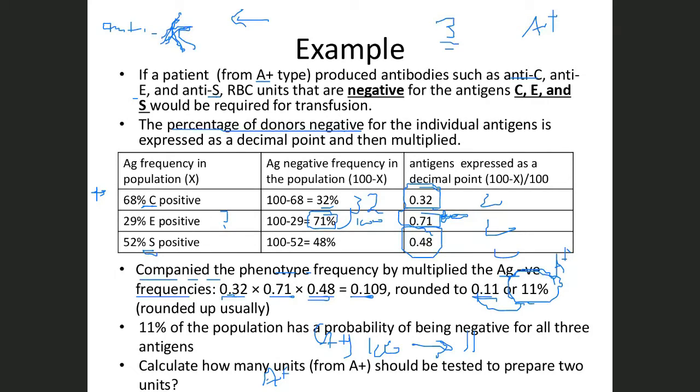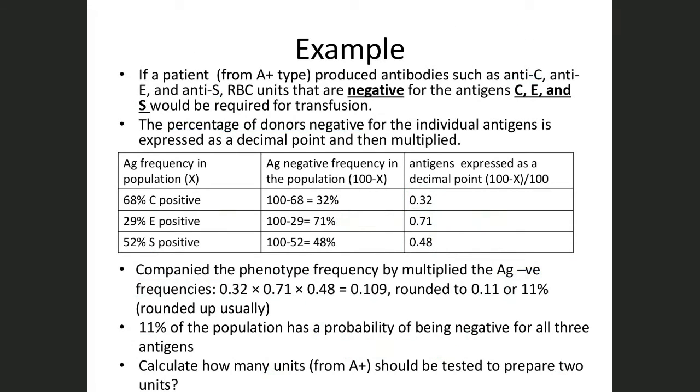Let's see, Sarah. Okay, this patient required how many units? 2 units. So this patient required 2 units. Okay, I now know that from each 100 I have, yes Latif, excellent, I have 11 people lacking all of these antigens. But I need only 2.